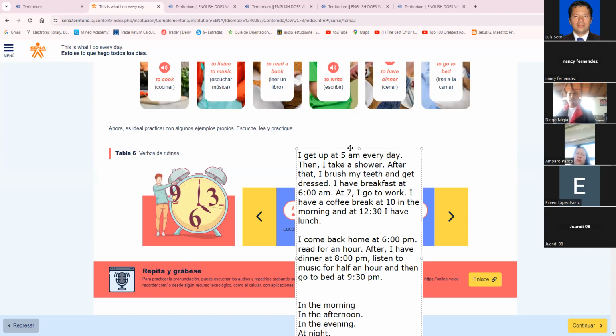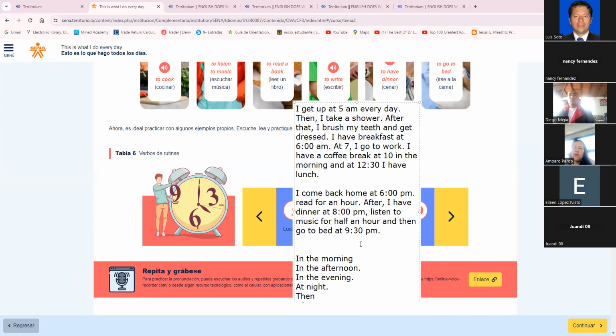Miren lo sencillo que es. Todo esto es presente simple. I get up. I take a shower. I brush my teeth and get dressed. I have breakfast. I go to work. I have a coffee break.